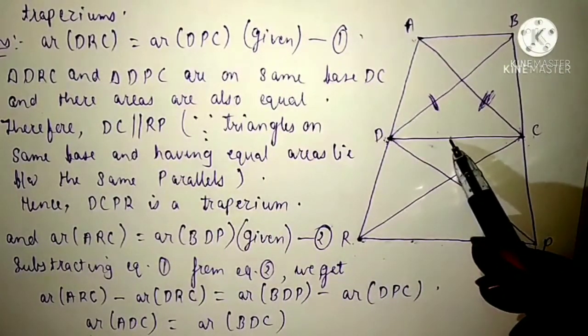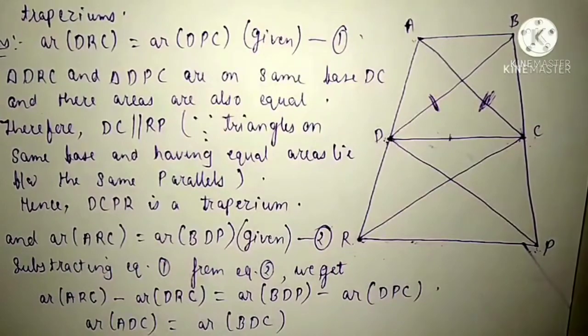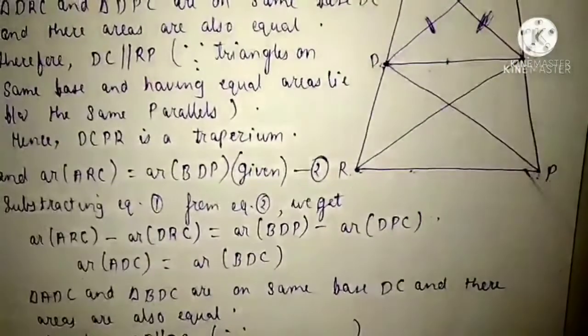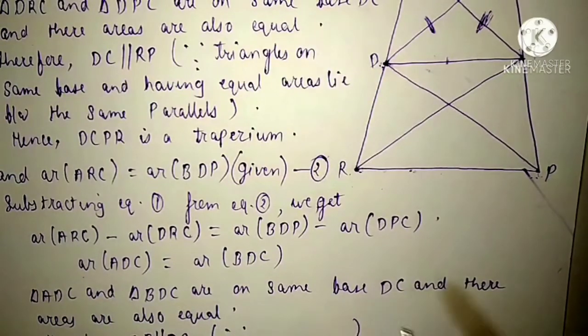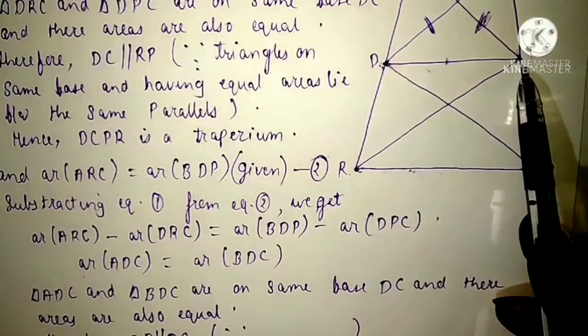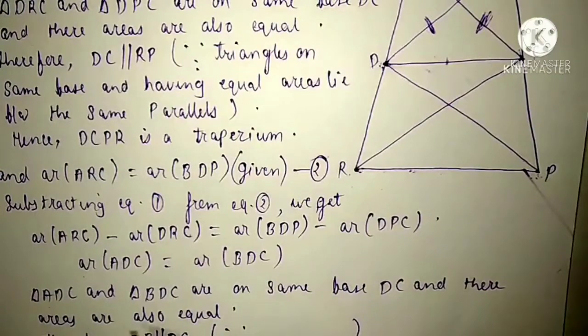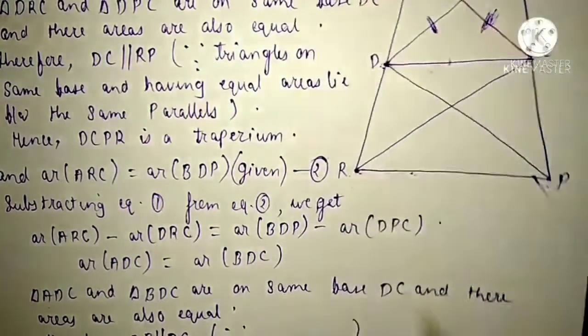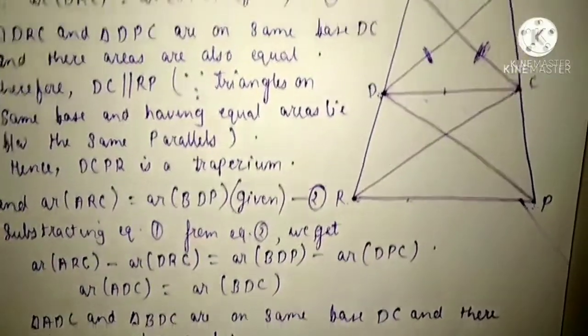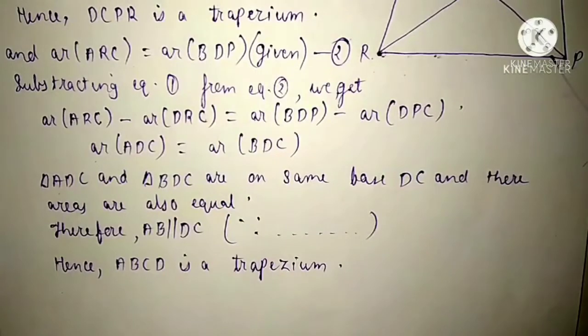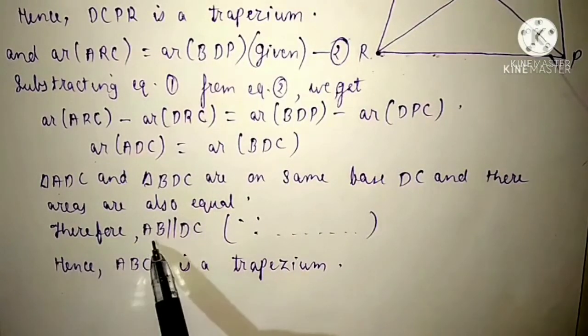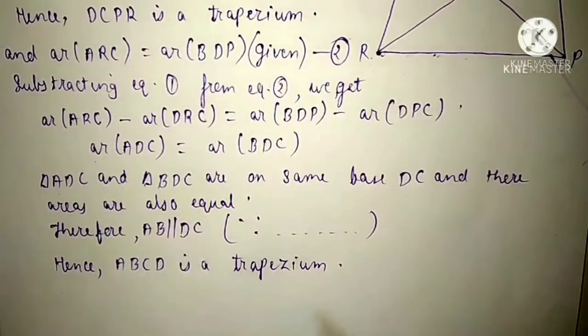They both are having same base and their area is also equal. So we will write triangle ADC and triangle BDC are on same base DC, and their areas are also equal. Therefore they must be between same parallels. That means this DC will be parallel to AB. So we can write therefore AB is parallel to DC or DC is parallel to AB.